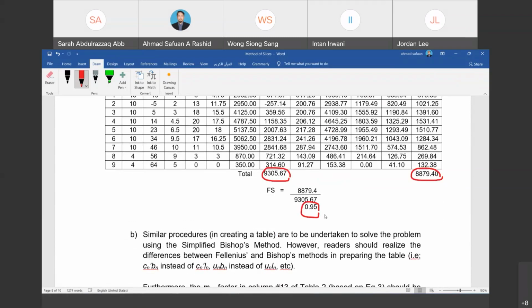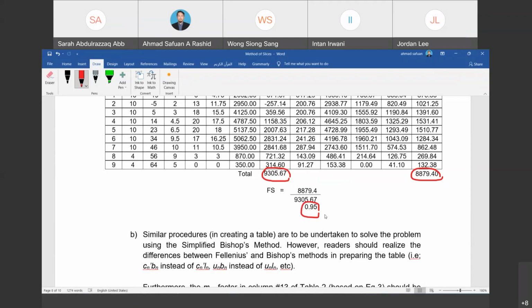If we have more slices, we actually have a more accurate value, the same as with the finite element method: the smaller the mesh, the more accurate the value.